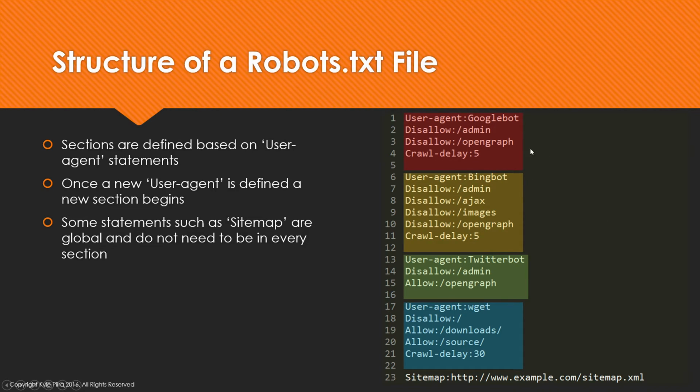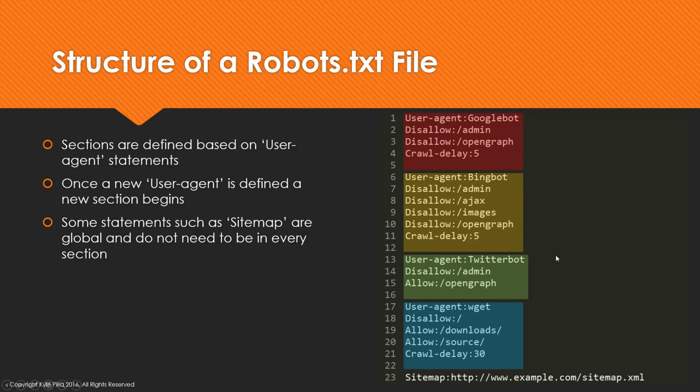The sections are really defined by the user agent statements, and once a user agent is defined, a new section begins. Some statements, like the sitemap, are universal statements. You don't need to repeat those. Those will just apply to everything. You can just slap those at the end and not worry about it.